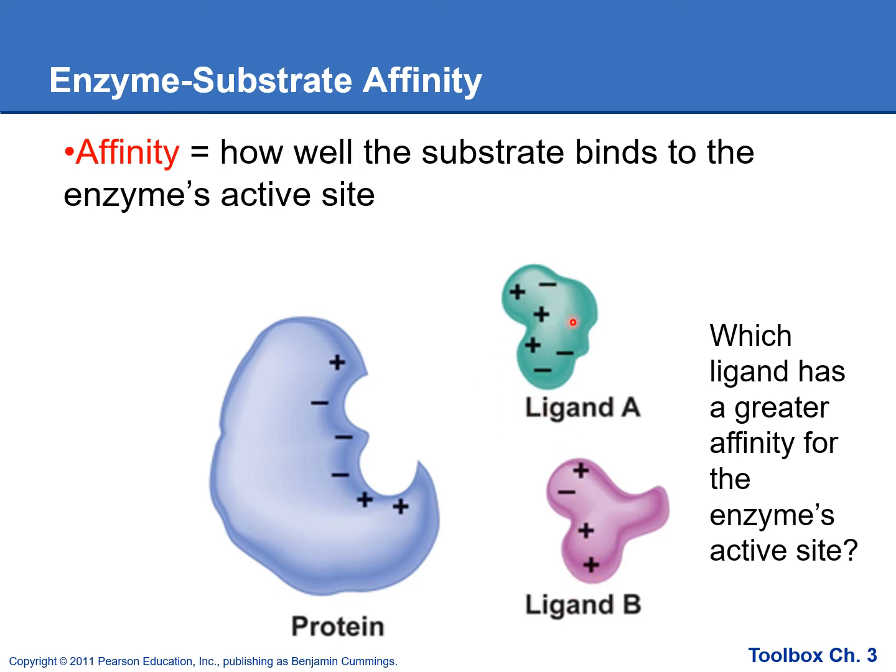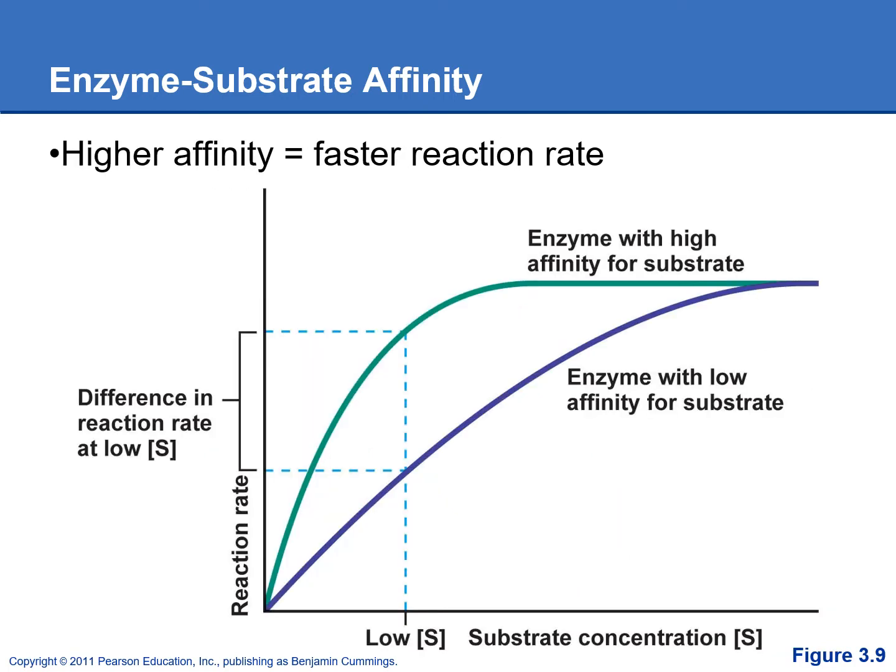So the enzyme will have a higher affinity, will bind better to the green substrate than it will to the purple one. And so if we look at a graph, you can see that you're going to get a faster reaction rate with the green substrate than you would with the purple one.